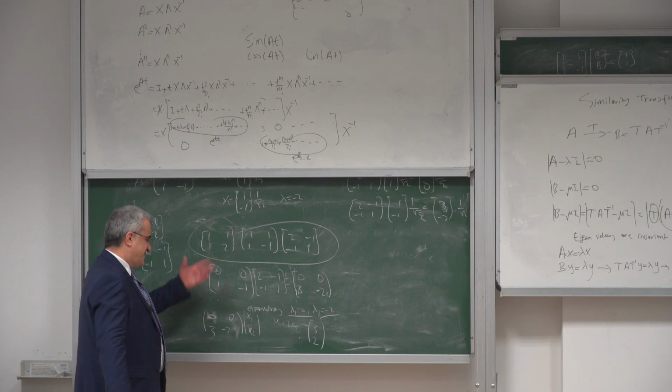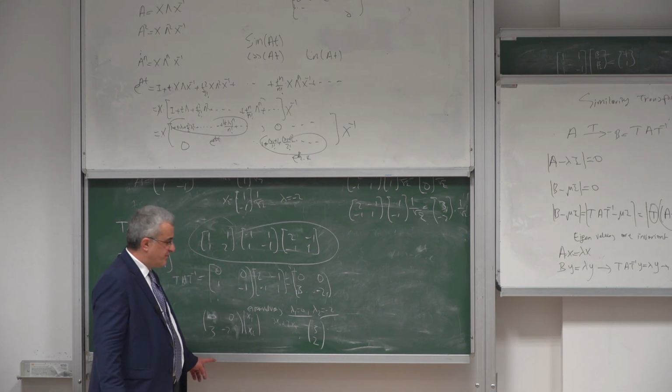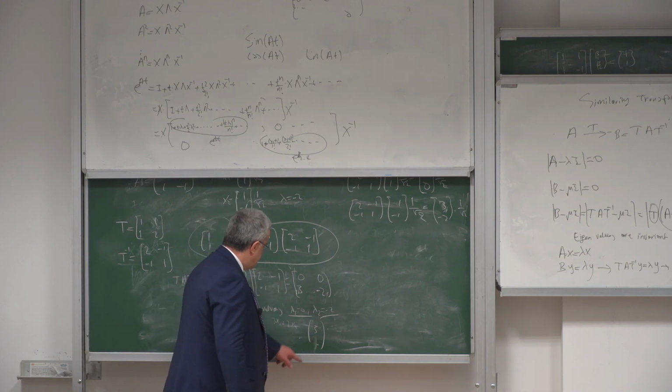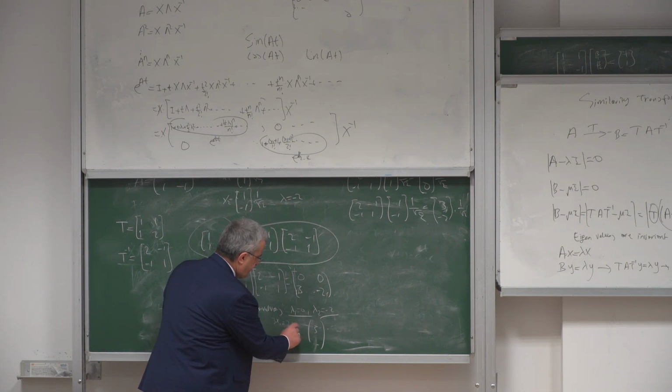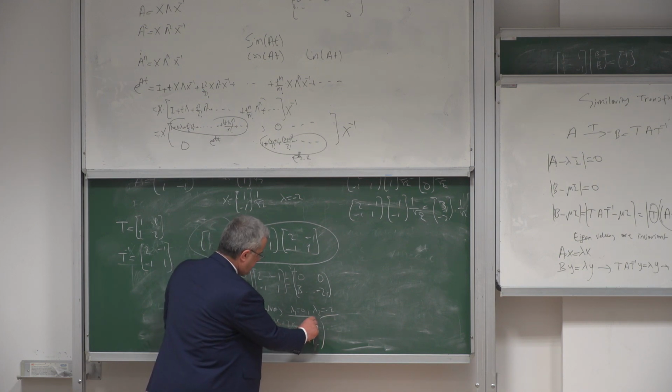Oh, no, it's not. There is no mistake, right? If you take x2 equal to 1, what do you get? x1 is 2 over 3, right?